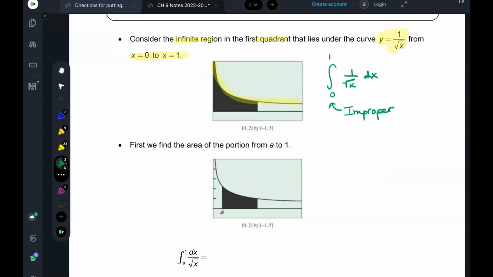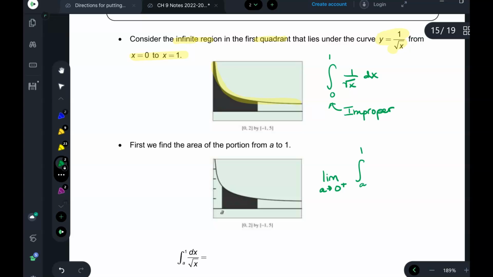So what I'm going to do is I'm going to rewrite it so that we have a portion from a to 1, and we're going to basically approach a from the right of 0. So we're going to rewrite this from a to 1 of 1 over root x dx.